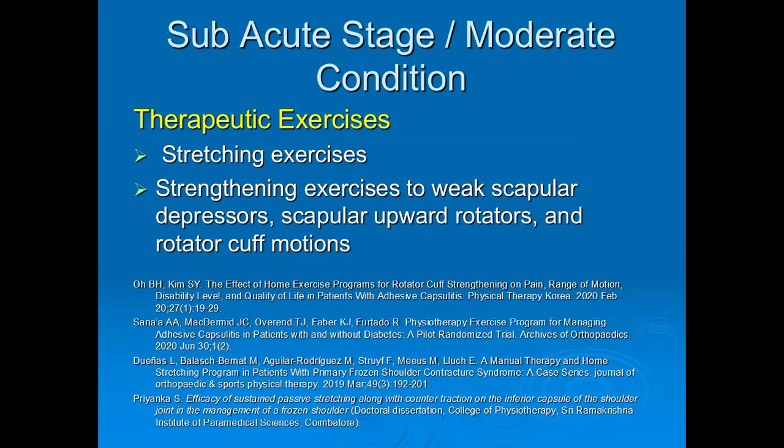Strength exercises can be executed for these weak muscles as well as for the scapular depressor, which is the lower trap, and the rotator cuff. There is literature evidence which supports strengthening exercises for these muscles, and they are very effective and significant for the improvement of the symptoms.